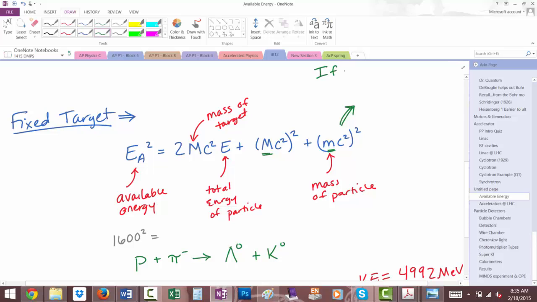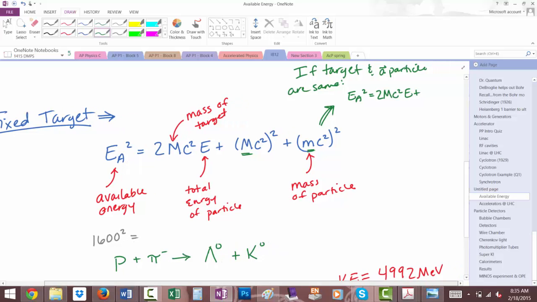So if the target and the accelerated particle are the same, then you can say that EA, the available energy squared, is 2 mc squared E plus twice mc squared squared. So that's just adding those last two terms together. Okay. And then they say one more thing.